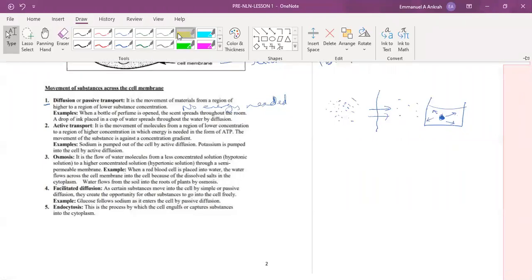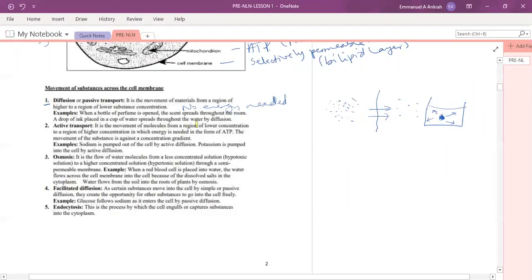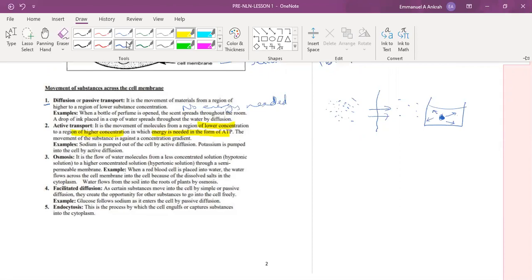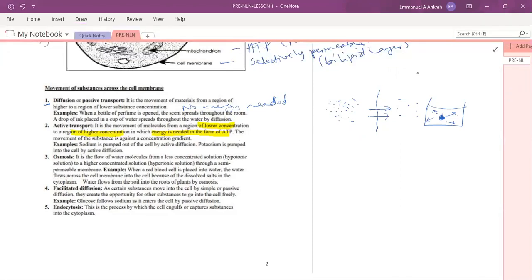So take note of those keywords. Region of lower to a higher. And this time energy is needed, and the energy comes in the form of your ATP. Okay. So that is active transport.